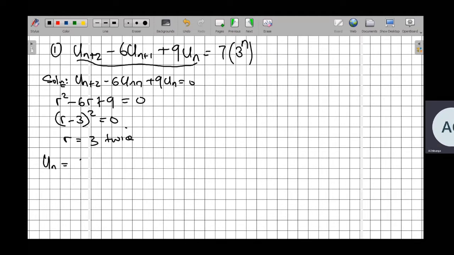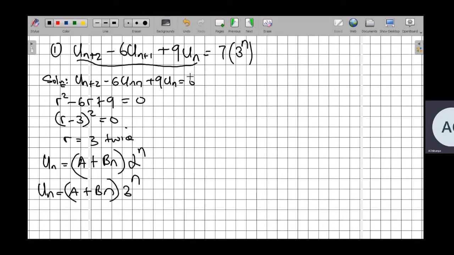U_n is equal to (A plus Bn) alpha to the power of n. So in this case, we're going to have U_n is equal to (A plus Bn) 3 to the power of n.